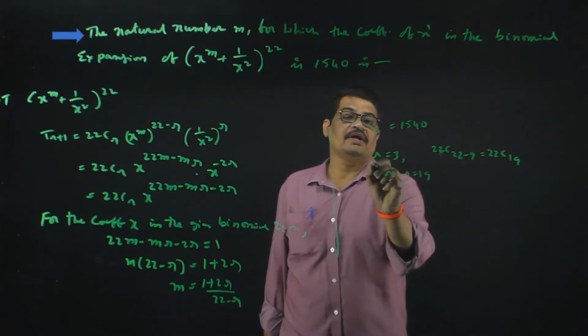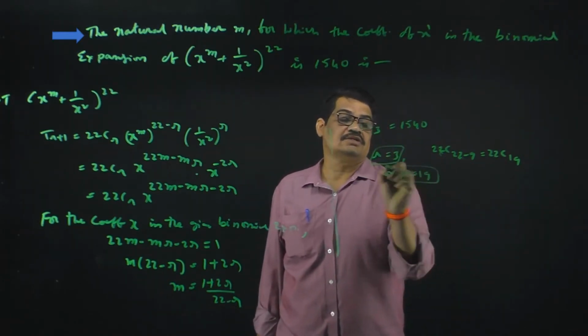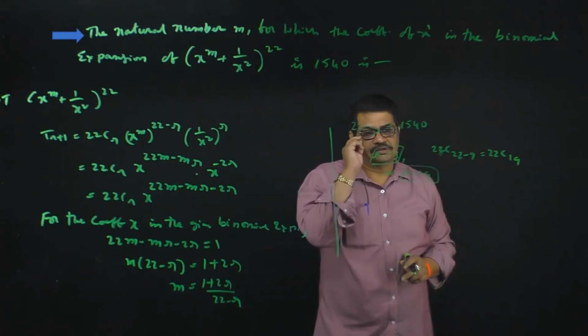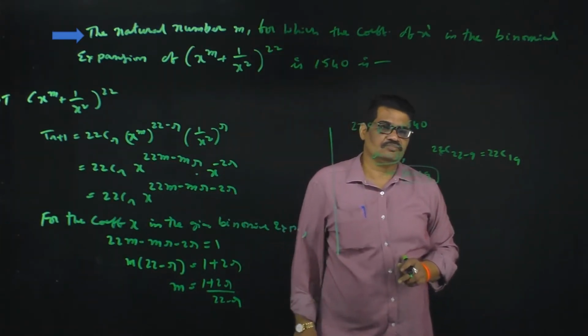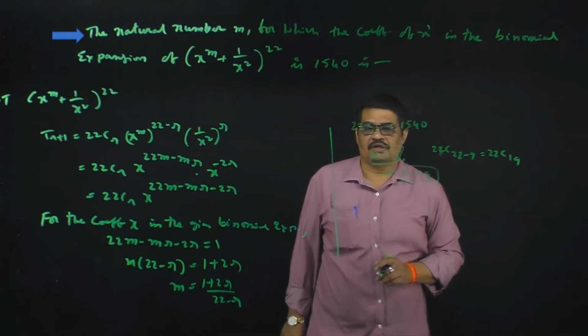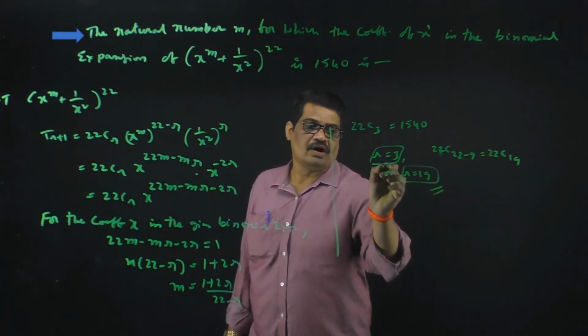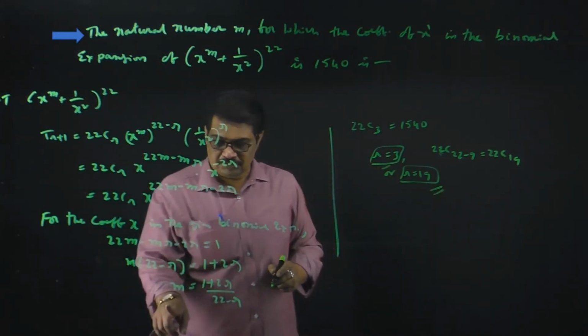So r is 3 or r is 19. Now we substitute these values of r in the m value.